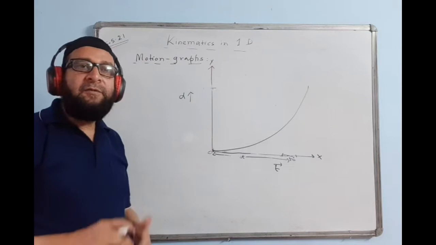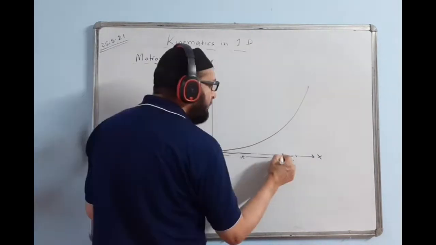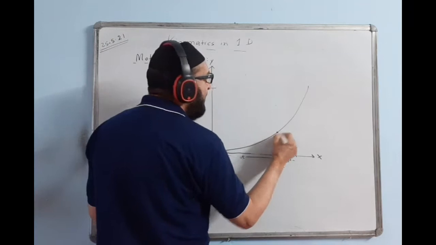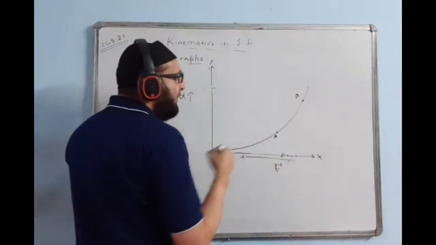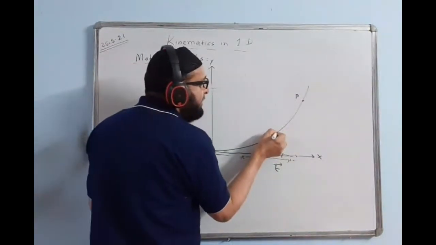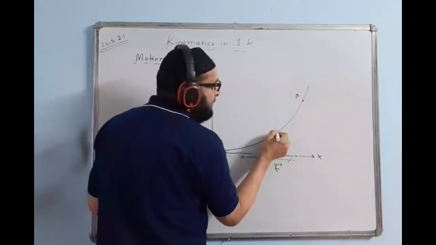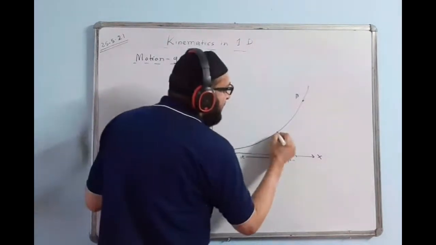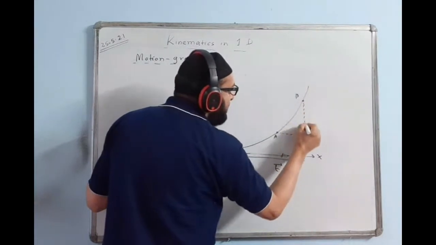And this time we find the slope between 2 points, suppose this point A and another point B. Here what we do, we draw a tangent at this point. Or between these 2 points we'll be making a right angle triangle here like this.